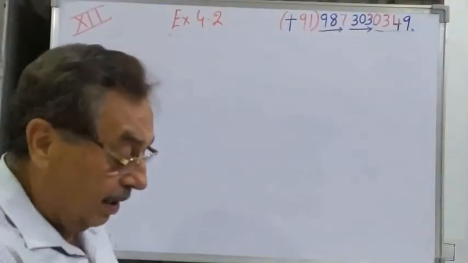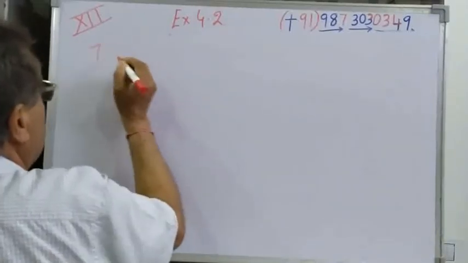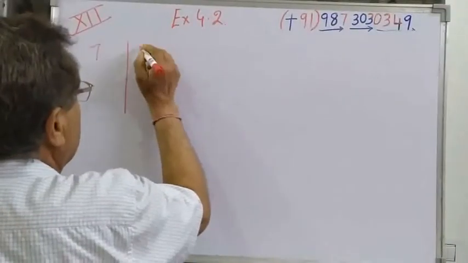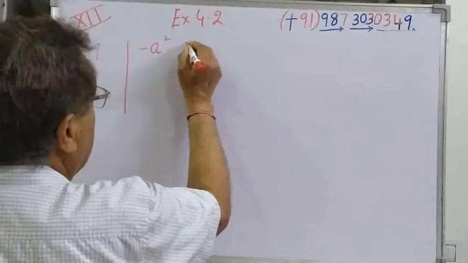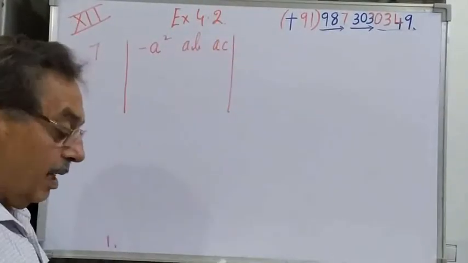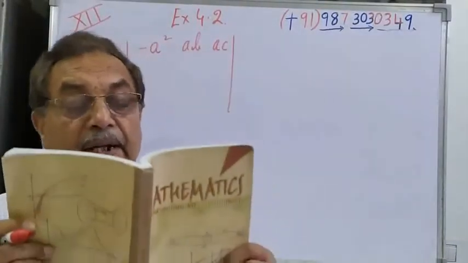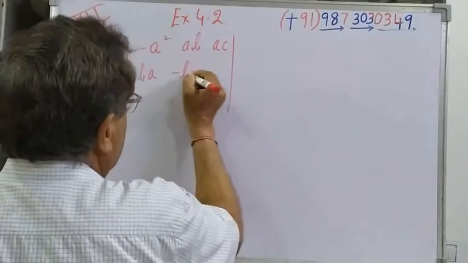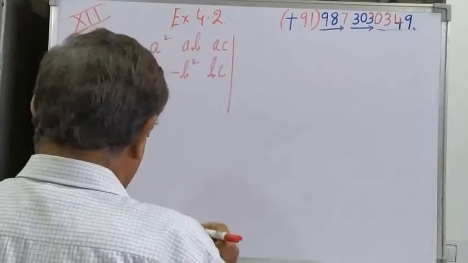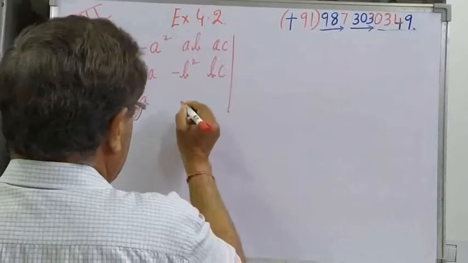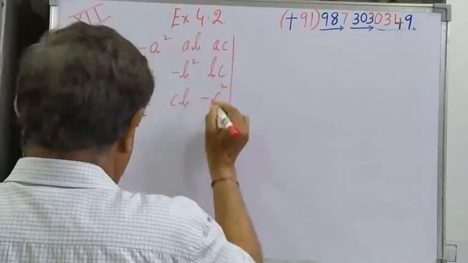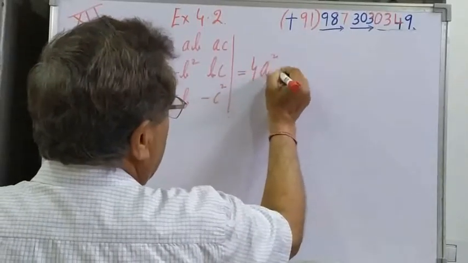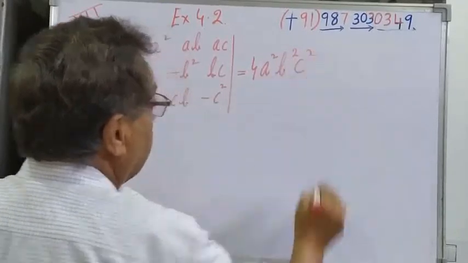We have minus a square, AB, AC, and the second row we have BA, minus b square, BC, and the third row CA, CB, minus c square, and it is supposed to be proved equal to 4a square b square c square. So this is what I am supposed to prove.